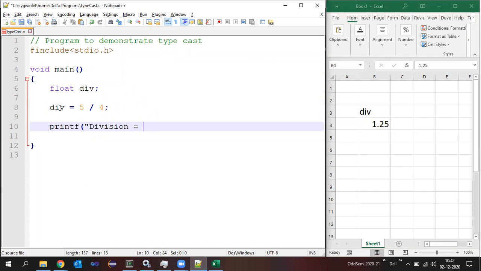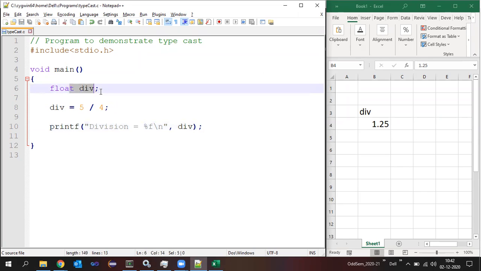Since we need to use a format specifier and the data type is float, I will use percentage f, then backslash n, double quote closed, comma, then the name of the variable, division.